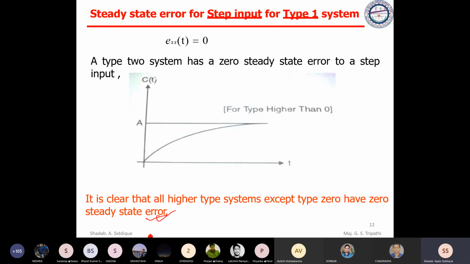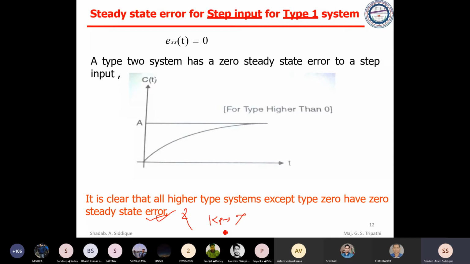It is very clear from this derivation that all higher type systems, meaning type greater than 0, have 0 steady state error. There is no error at all, and KP will be infinity. I hope this is clear.